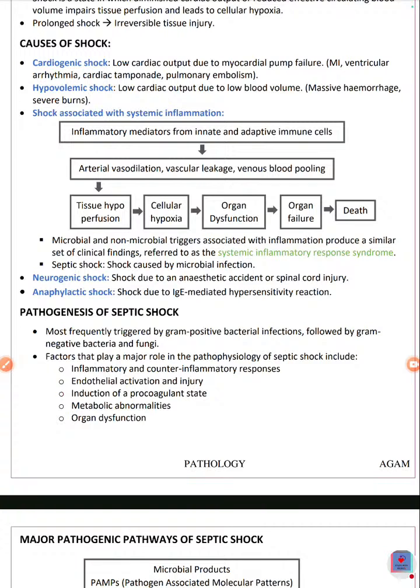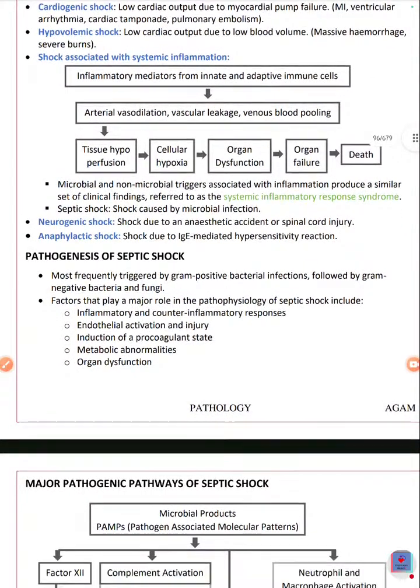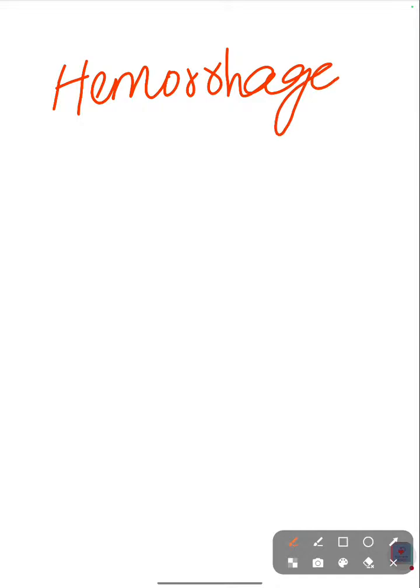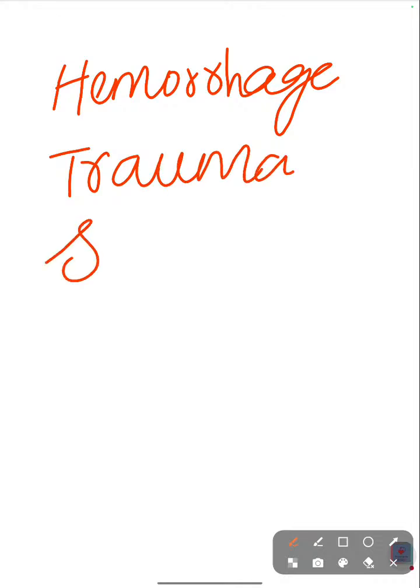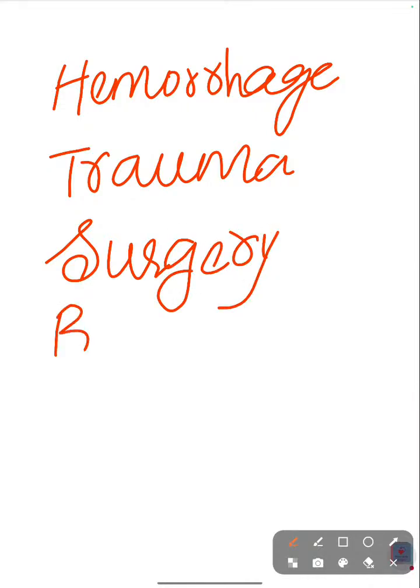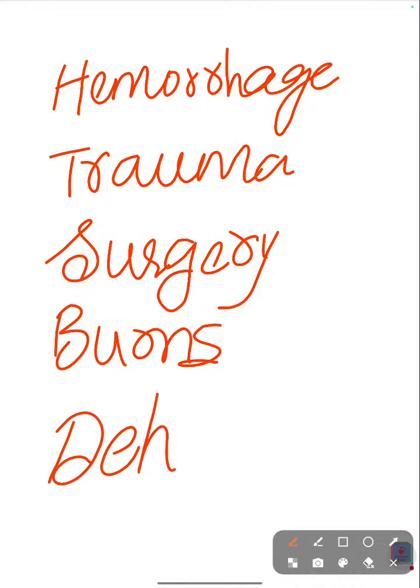Shock is of different types. You have hypovolemic shock. Hypovolemic shock can be due to hemorrhage, trauma, surgery, burns, or dehydration.